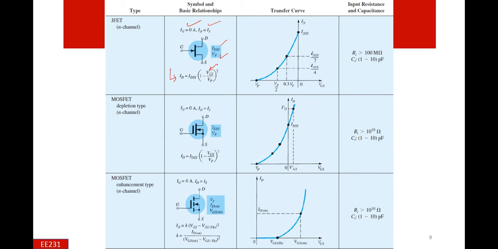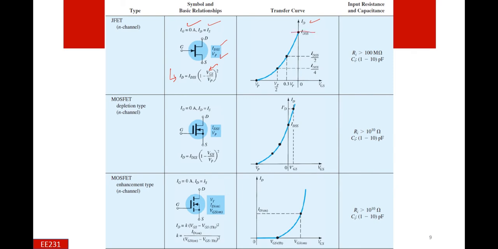So this is the transfer curve. In the transfer curve, we see the relation between VGS, the control parameter, and ID, the controlled parameter current. We see here that when VGS is 0, there is some maximum current flowing through the device.